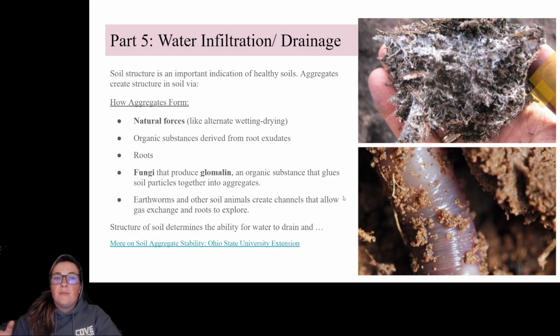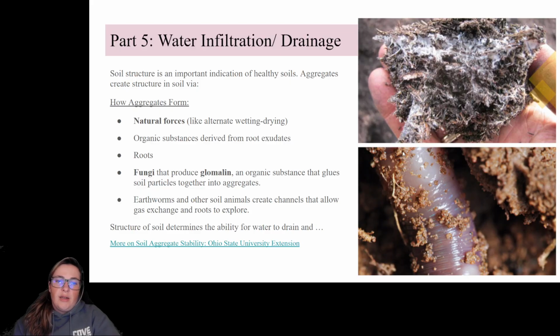Roots themselves will form aggregates as well as they breach through the soil and reach around. There's also this wonderful fungi that produces glomalin. This is like this white substance that you might see as organic matter is decomposing in soil. Glomalin is an organic substance that will glue soil particles together into aggregates.